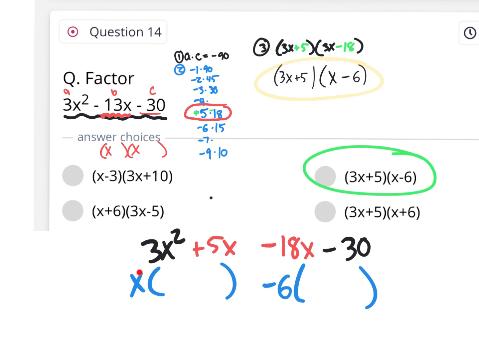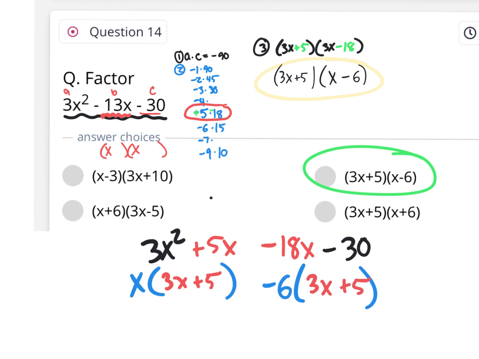So if I pull out an x from these 2, what do I have left on the inside? I have 3x plus 5. And if I pull out that negative 6 from these 2, well, negative 6 times what gets us a negative 18x? That would be a positive 3 with an x. And negative 6 times what gets us a negative 30? That would be a positive 5.